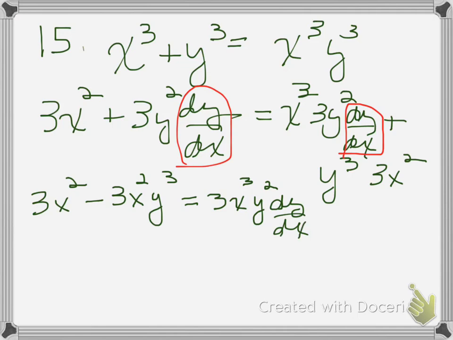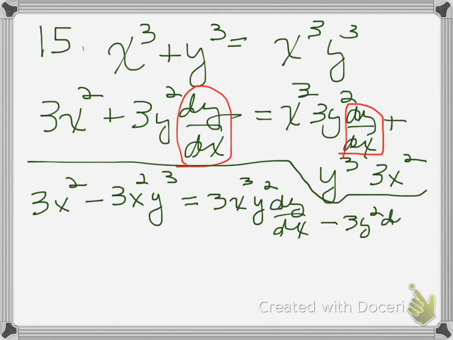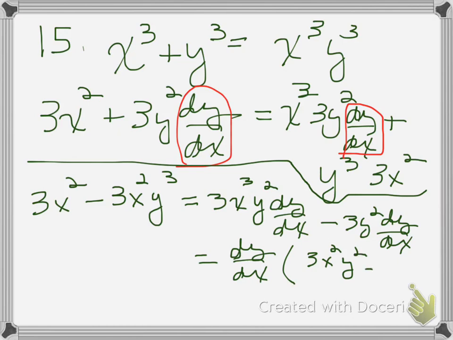dy dx minus 3y squared dy dx. Alright, so I'm going to have to factor out the dy dx on the right, and that's going to get me 3x squared y squared minus 3y squared.